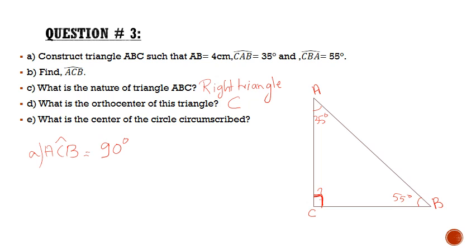Yes, Adam? Midpoint of what? Midpoint of the hypotenuse. Very good. So it's the midpoint of the hypotenuse, which is in this case AB. Is this clear? So directly I can know the orthocenter and the center of the circle circumscribed in the right triangle.